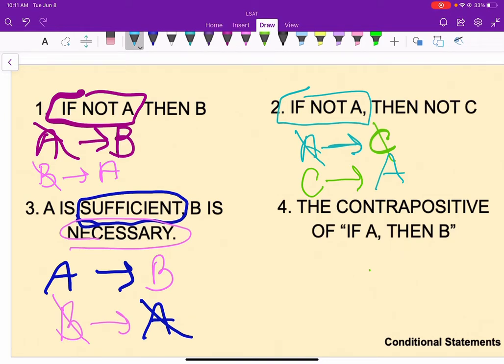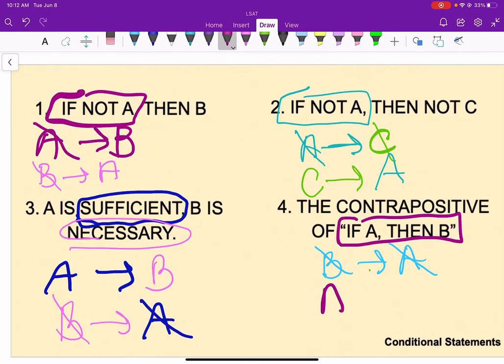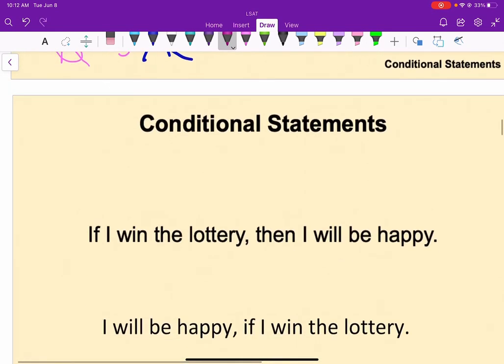It's asking for first the contrapositive of if A, then B. So first, our contrapositive would be if not B, then not A. And then the contrapositive of the contrapositive would be what the original statement said, and that would just be if A, then B. Awesome.